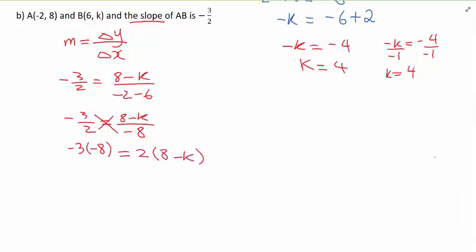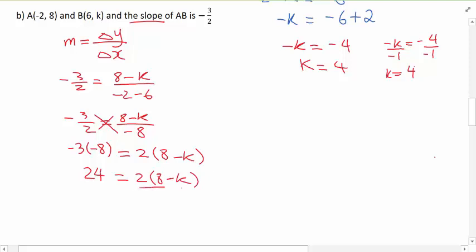I put the 8 minus k on the other side last time, but it doesn't really matter. Here you get 24 is equal to 2 times 8 minus k. Divide both sides by 2. So you get 12 is equal to 8 minus k.